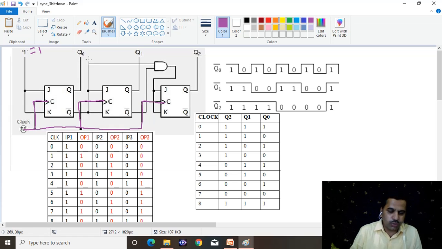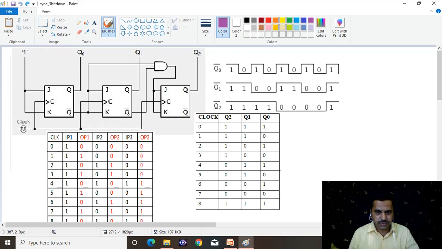Again, as usual, the output is taken from Q0, Q1, Q2. The only difference is that the input to the AND gate is Q bar of the first one and Q bar of the second one. Let us see how it works as a down counter.